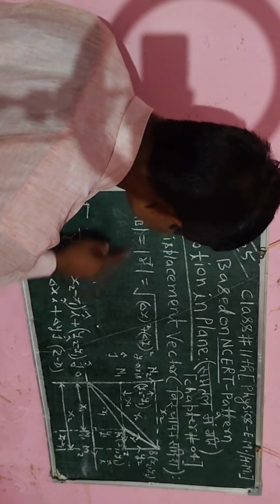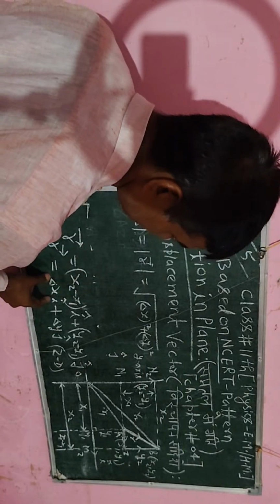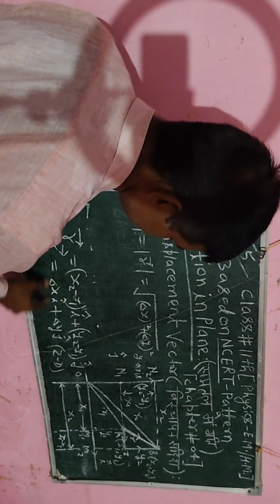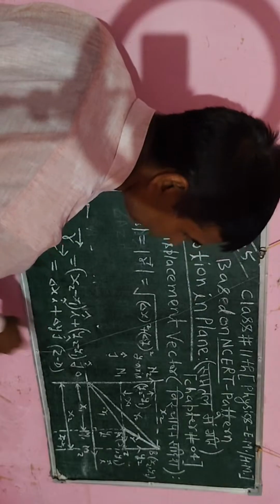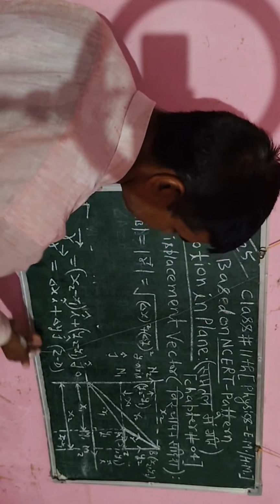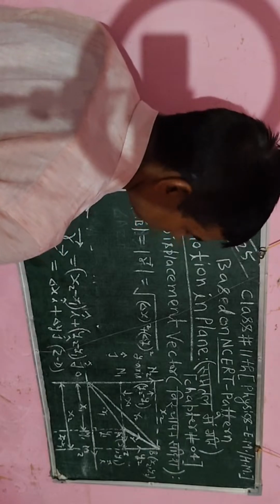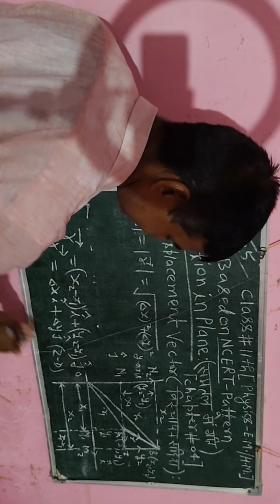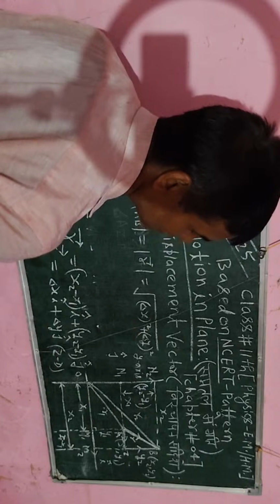So here there are two components, one along the x axis and another along the y axis, and along the z axis is not available here, because I am explaining 2D, not 3D. If I explain 3D, then the z component I will also add here.